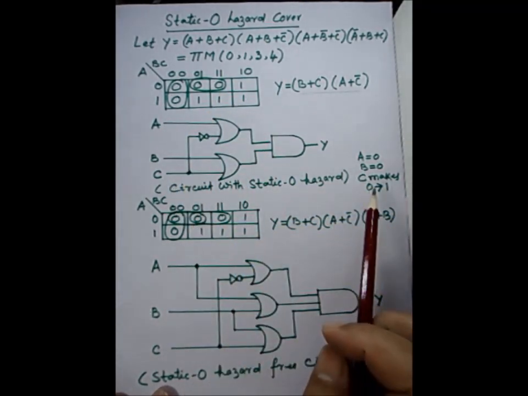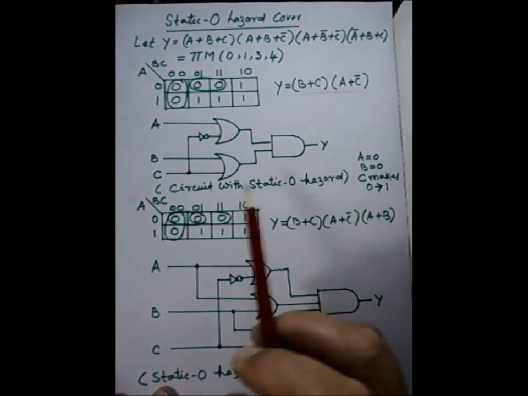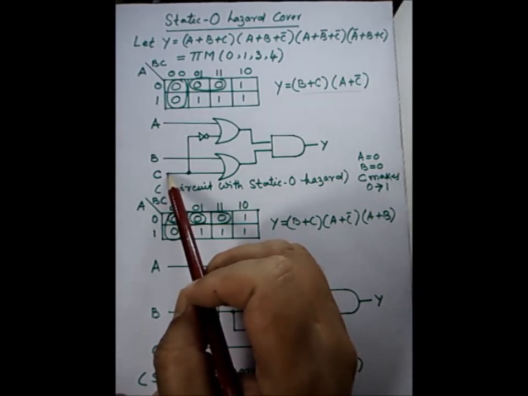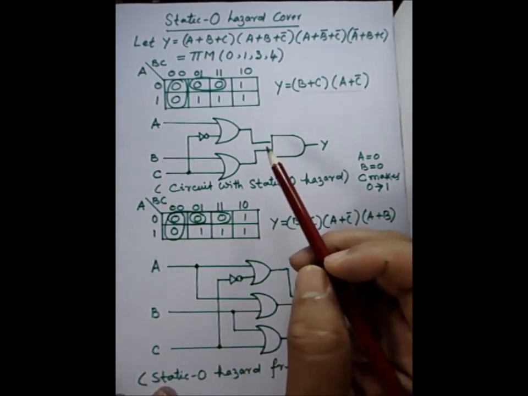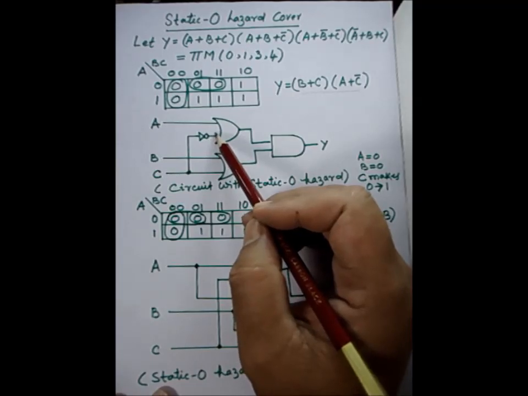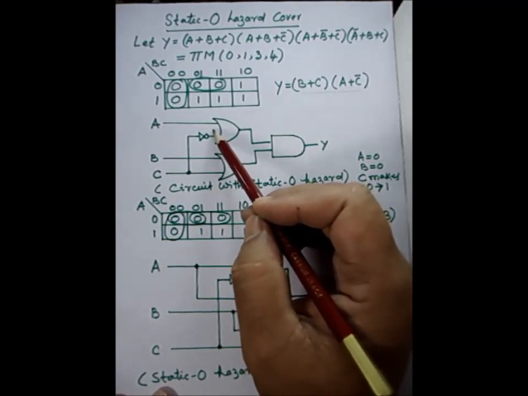As C takes a transition from 0 to 1, C becomes 1 immediately, but the complement of C does not become 0 immediately. It remains 1.